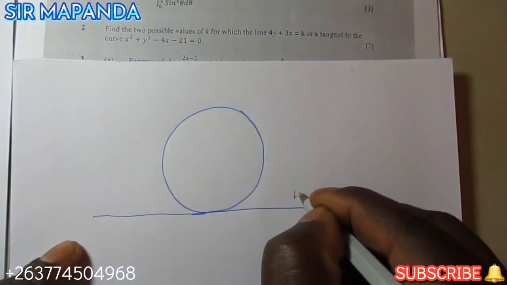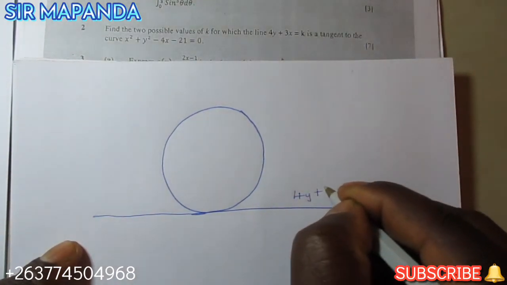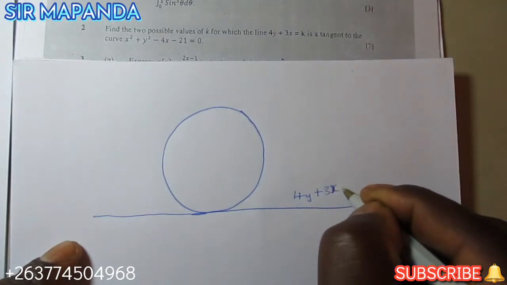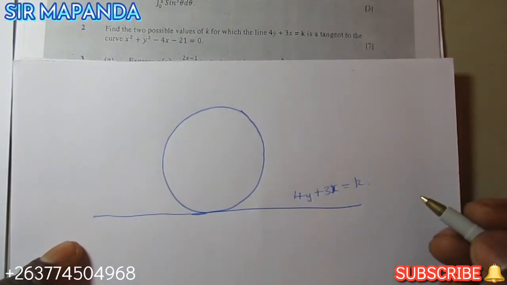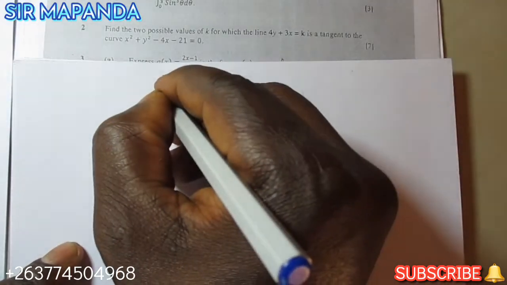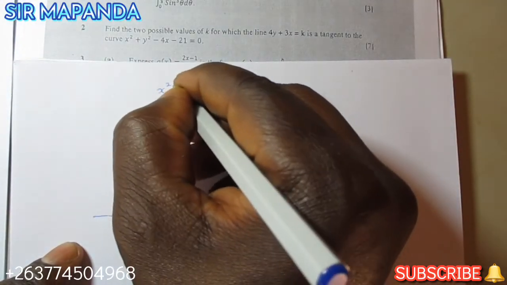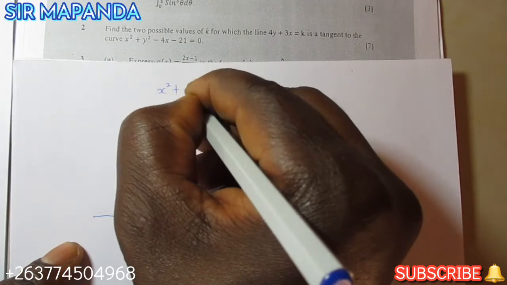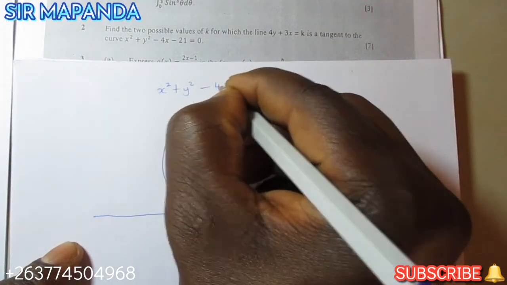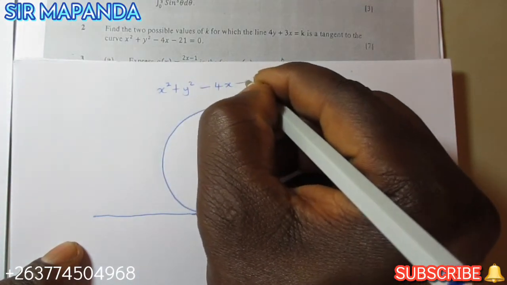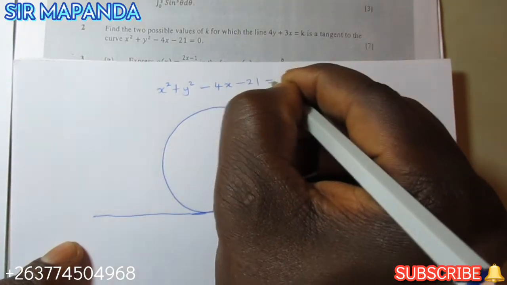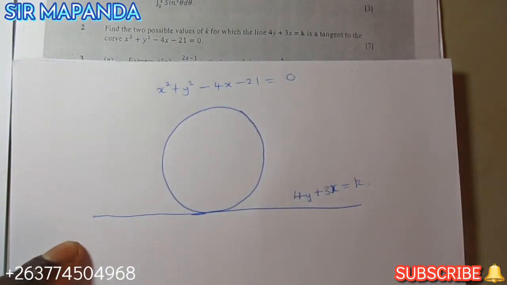So the tangent here is 4y plus 3x equals k, right? Then we are given the circle as x squared plus y squared minus 4x minus 21 equals 0, something like this, right?